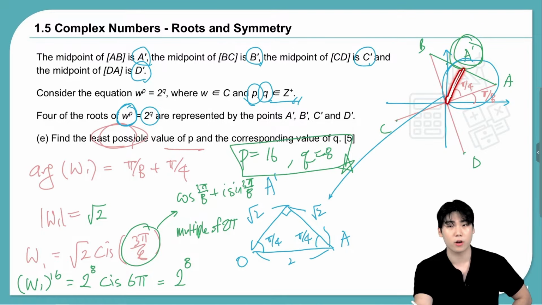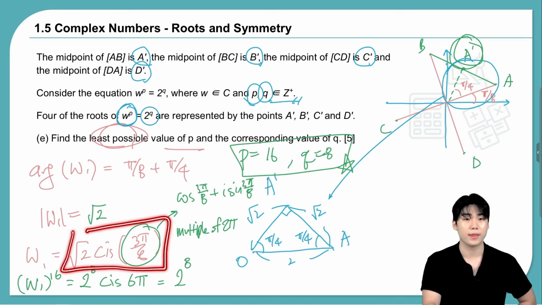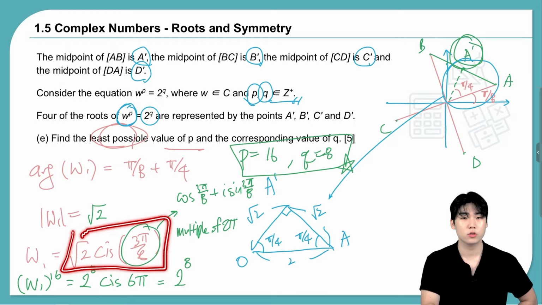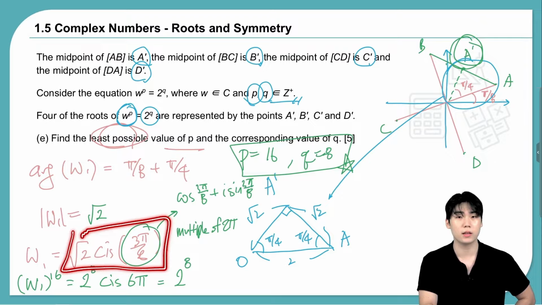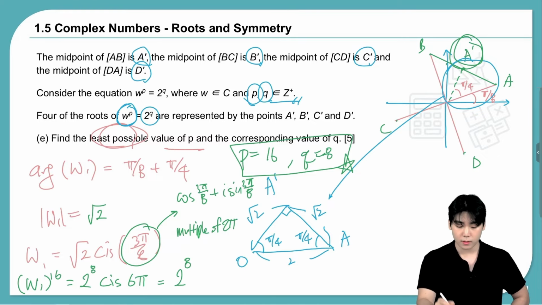And the argument itself from the Argand diagram, I tried to visualize it, and then found the argument and the radius. Then I tried to make the whole thing positive integers, removing the imaginary part, and making a non-negative number. And the smallest number we can multiply this by was 16.